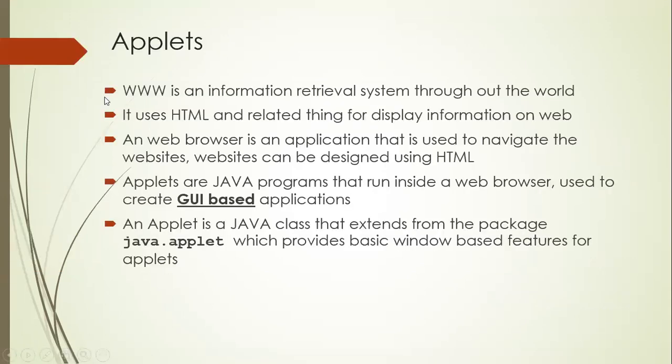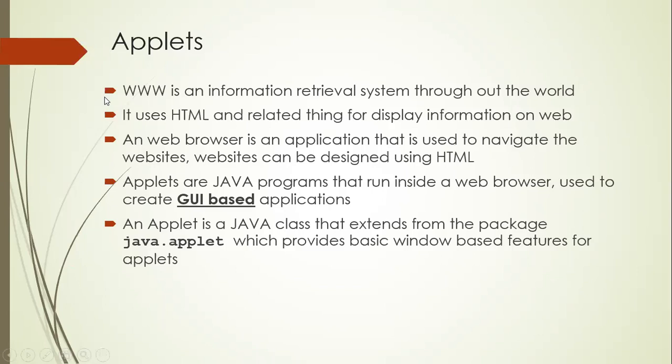The World Wide Web is an information retrieval system throughout the world. You know the very big advantage of the internet is sharing of information. That is why the internet became more popular. The World Wide Web (WWW) is one of the services provided through the internet.